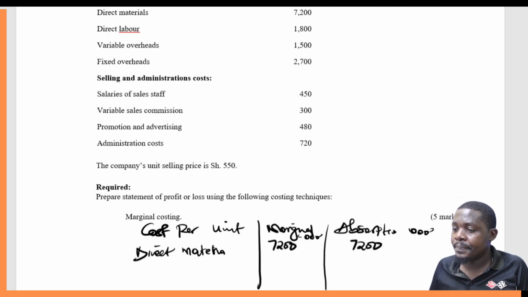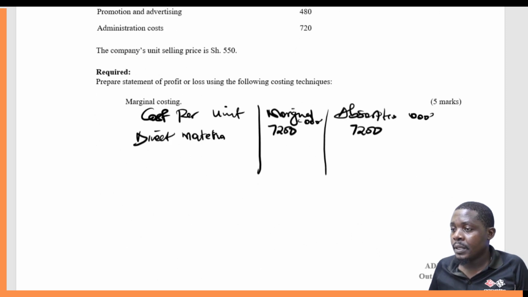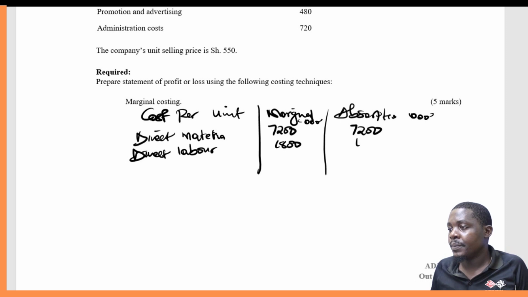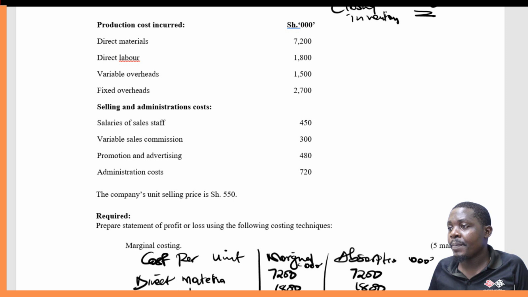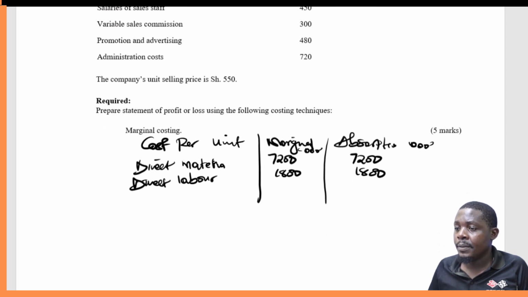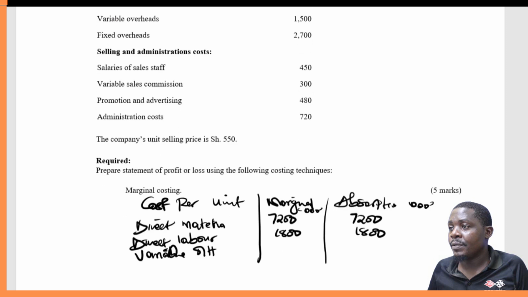Direct labor was 18. We have a variable overhead, which was how much? 15.